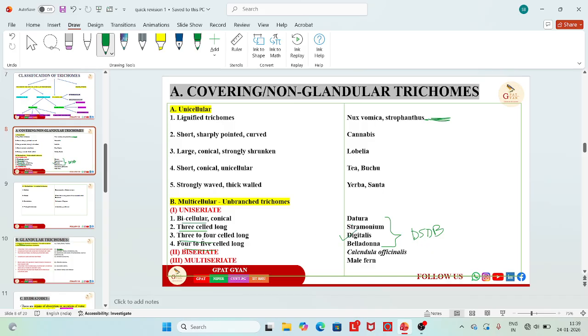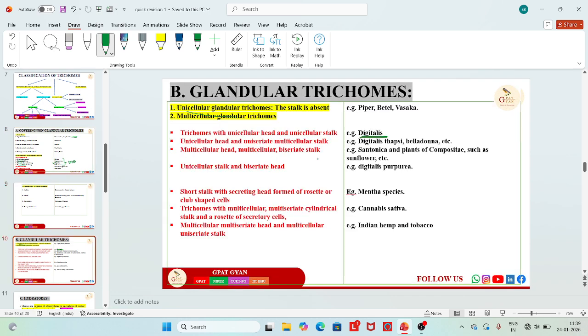Digitalis contains 3 to 4 cell long non-glandular trichomes, and the unicellular head, unicellular stalk glandular trichome; unicellular head, uniseriate multicellular stalk glandular trichome; and the unicellular stalk, biseriate head glandular trichome. Okay, these three are the only ones. So digitalis is the only plant that contains both the non-glandular and the glandular trichomes.